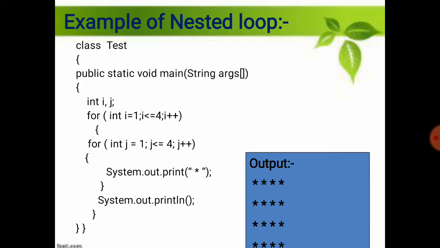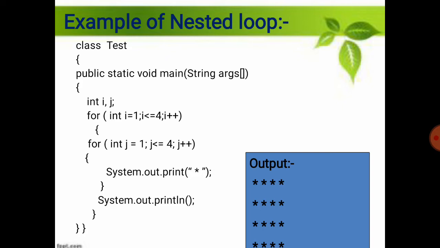See this, when i is equal to 1, the outer loop, then the inner loop j revolves 4 times. So it prints 4 stars in a single line.